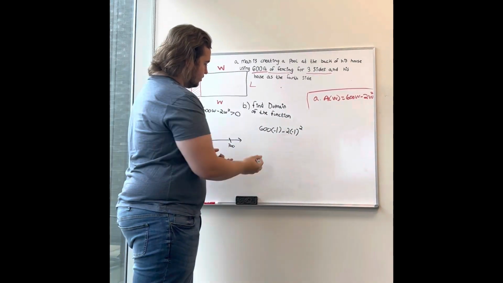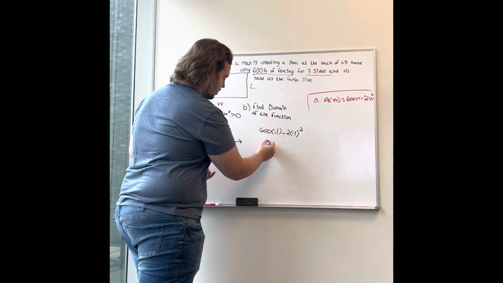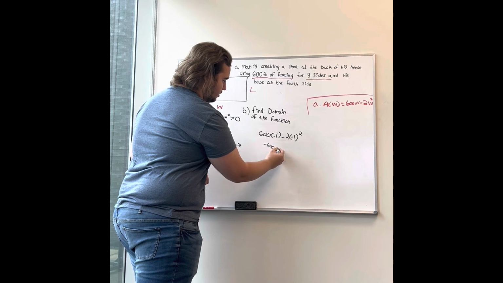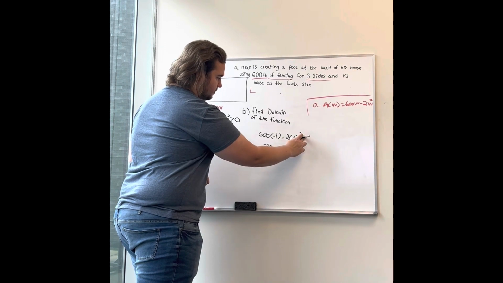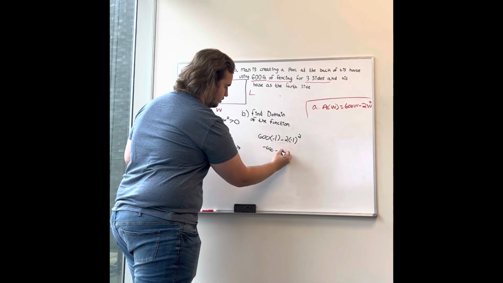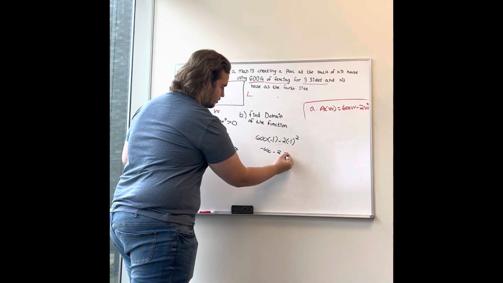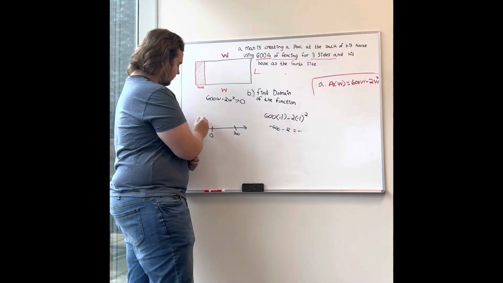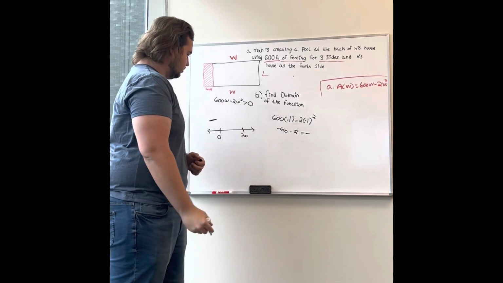That's -600, and -1 squared is +1 times 2, still 2, so -2. That'll give us about -602. So we have a negative before 0.